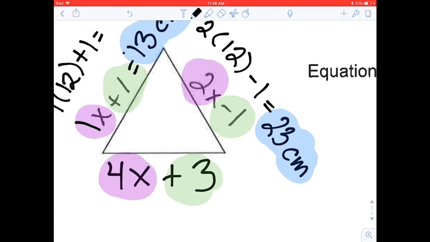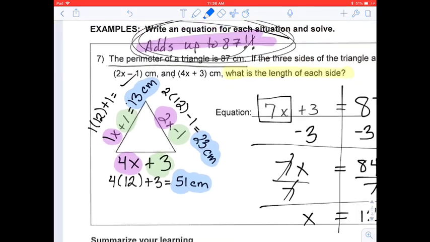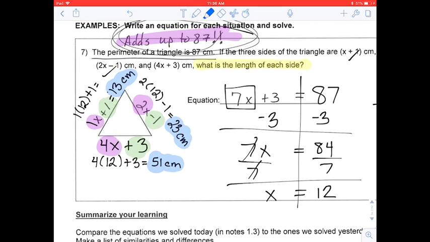And one more side here. 4 times x plus 3. 4 times 12 is 48, plus 3 is 51 centimeters. So the length of each side is 13 centimeters, 23 centimeters, and 51 centimeters.